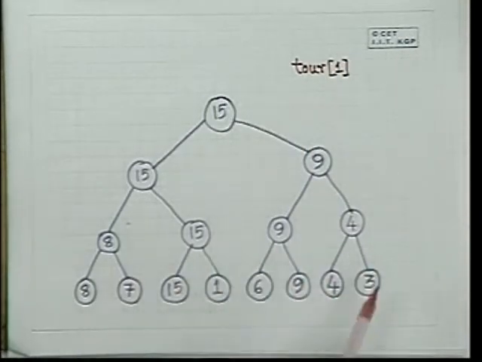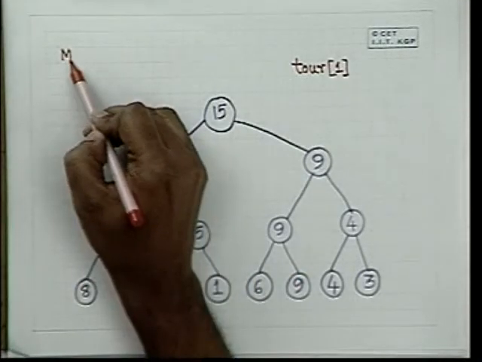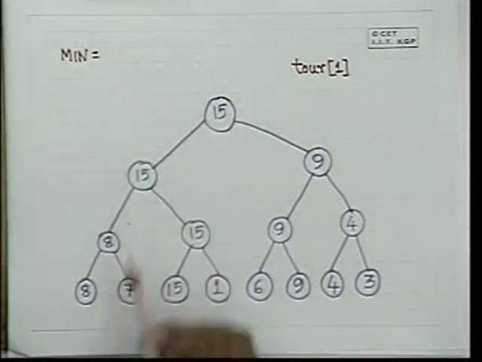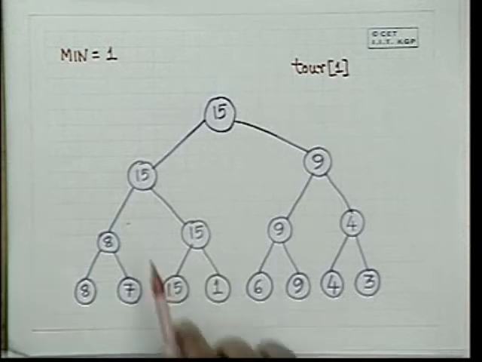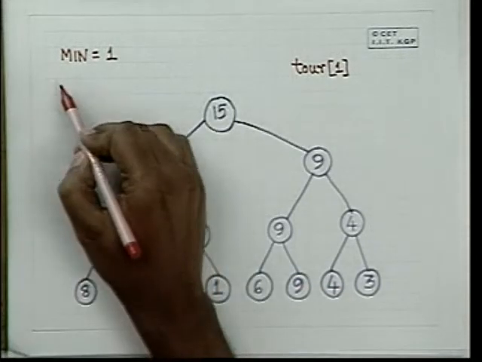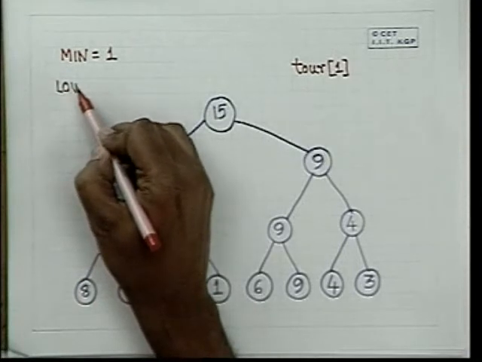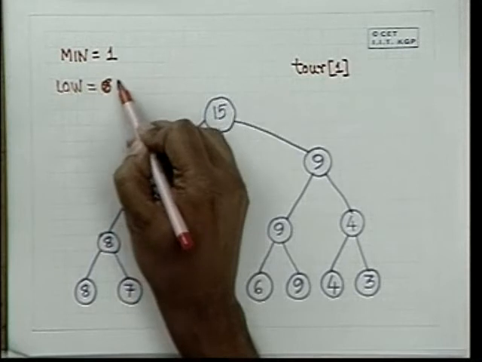Now once you have built up the tournament, you can also find out the smallest element, because the way we did our largest and smallest, we can also find out the smallest element. So let us say the minimum element here can be found out and is 1. So there is no number smaller than 1 here. So let us define a value called low equal to min minus 1.